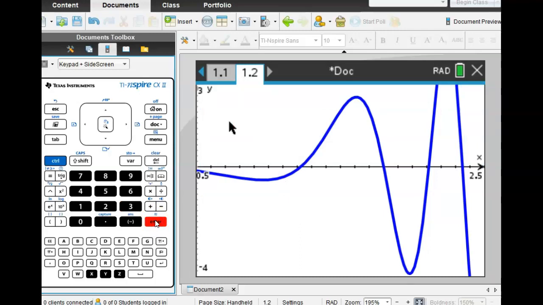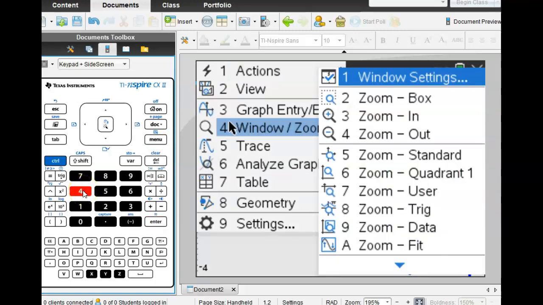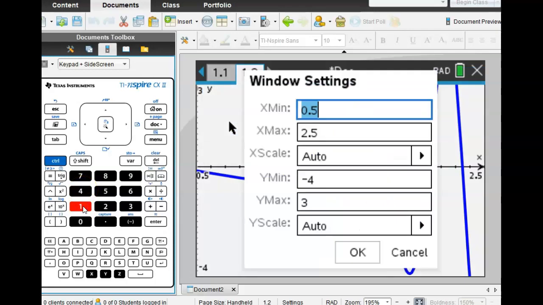They're only showing from 0 to 2, so we could have stopped at 2 from our actual domain. I was going off the picture, but let's go ahead and fix that. Menu, 4 for window zoom, 1 for window settings. Instead of 2.5 for X, I'm going to go to 2 because that's the actual domain they gave me, and then I'm not looking at as much.